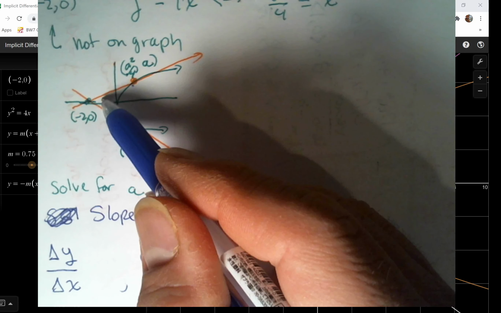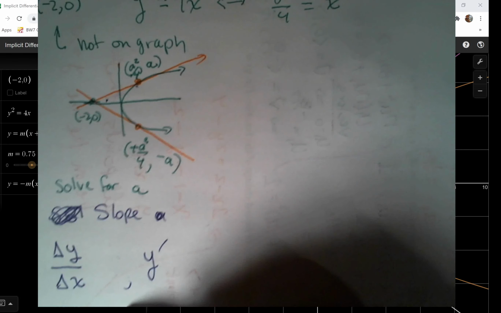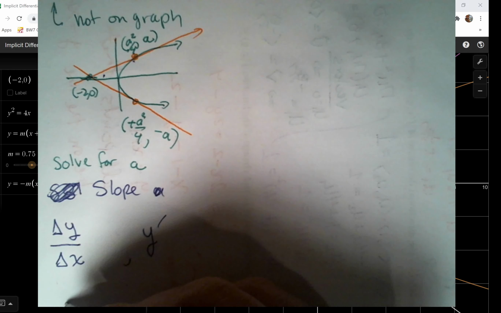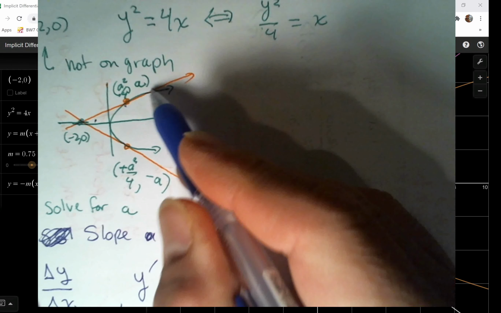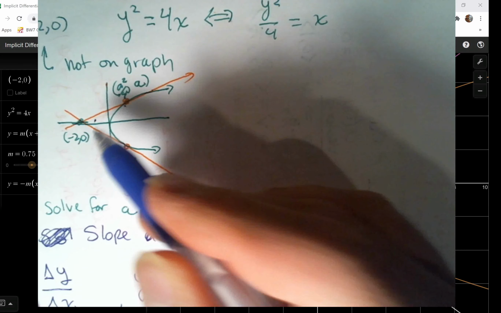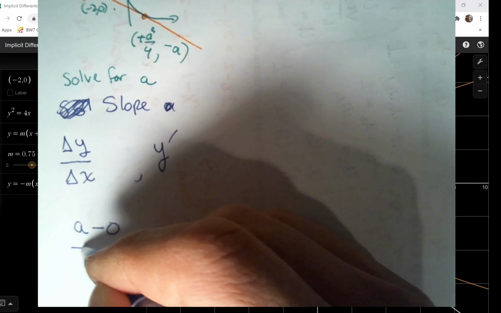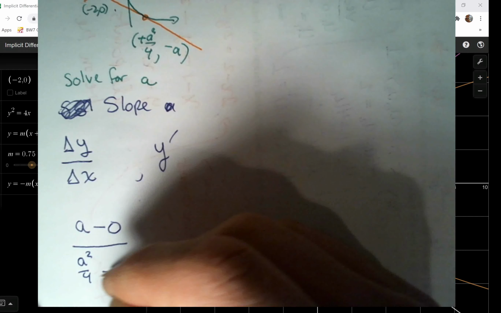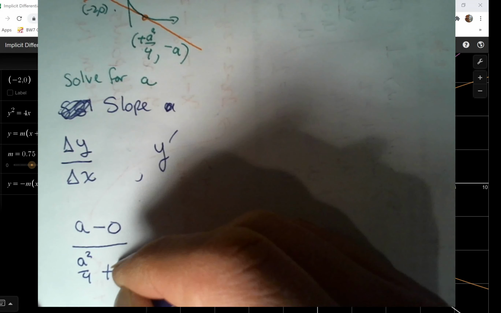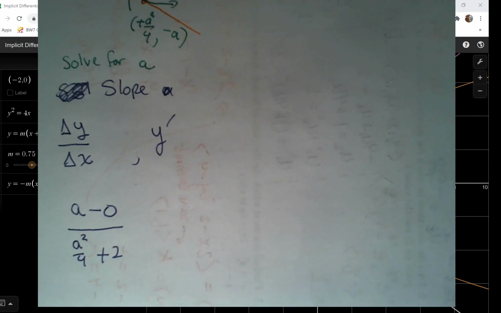So here the change in y would be a minus 0. Again, I'm using the y coordinates, a minus 0, and then the x coordinates, a squared over 4 minus negative 2, which will just be plus 2. Okay? All right, so that would be the algebraic one.